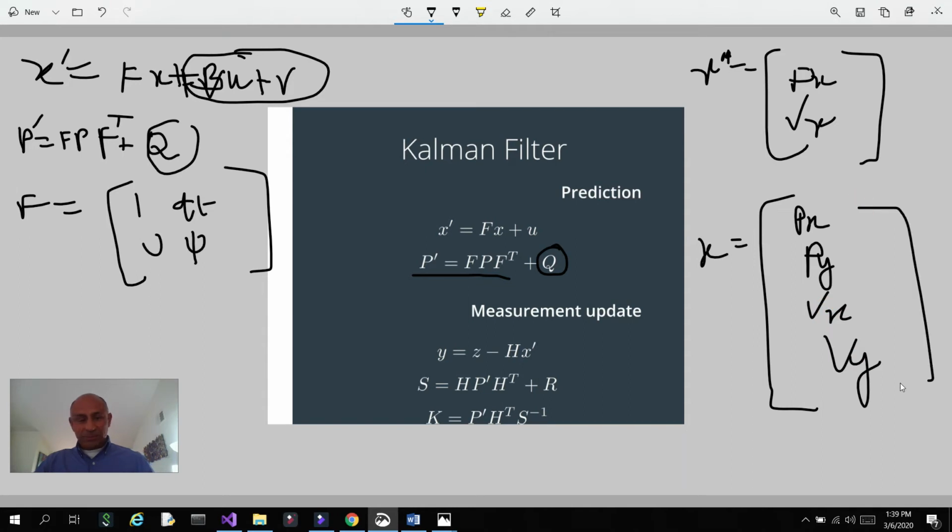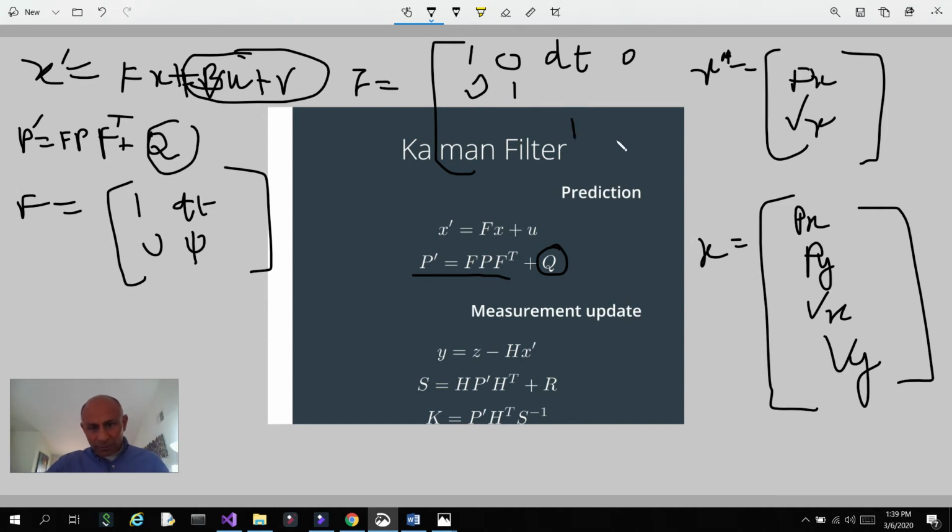Then your f will be 1, 0, dt, where dt is your time step, 0, 1, oh, I'm sorry, I don't think I have it right. So that will be your state transformation matrix if it's two-dimensional.